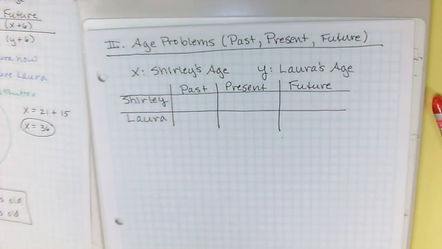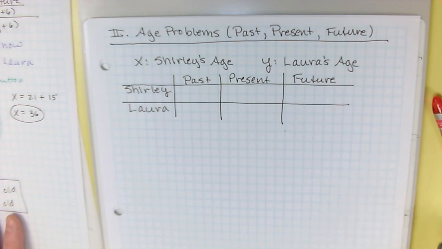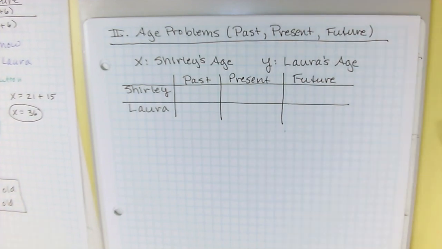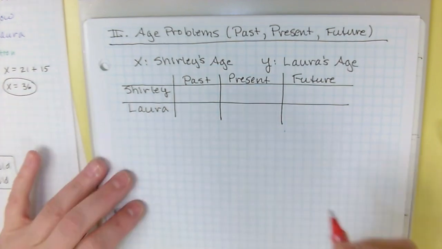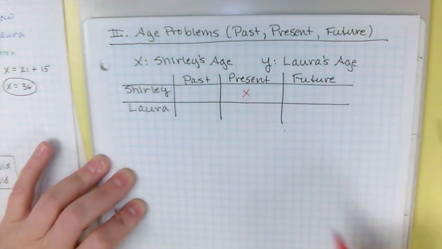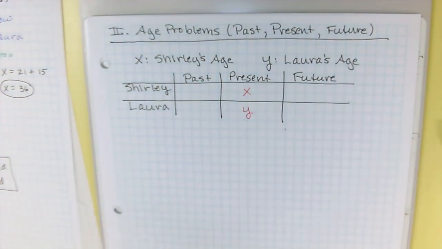Now, you're not going to use all parts of the chart all the time, but any kind of past, present, future problem will fit on it. Okay, so everything in these problems is relative to their present age. So first thing you want to do is just fill your letters into the present age column. So X is Shirley's present age, or her age now. Y is Laura's age now.